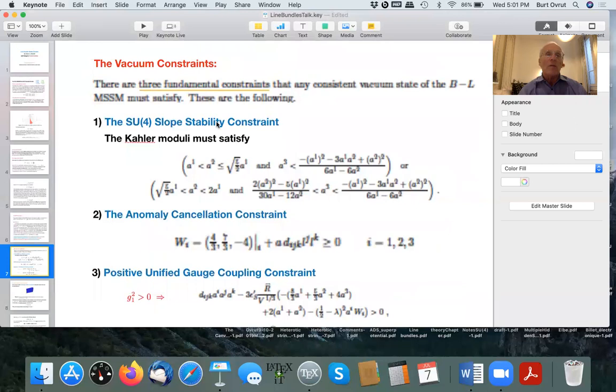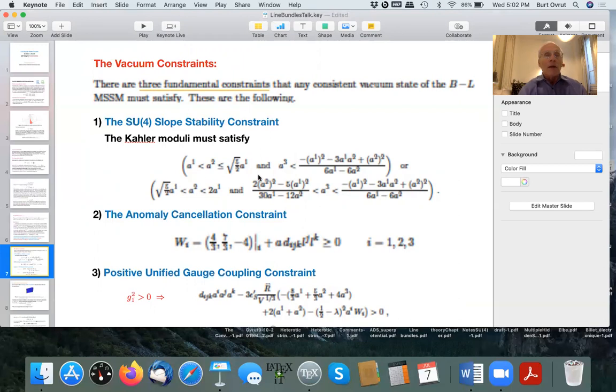First one is that the bundle on the observable wall, which is an SU4 bundle, must in fact be slope stable in order to satisfy the Hermitian Yang-Mills equations and be N=1 supersymmetric. I showed you a picture of where in Kähler moduli space that is, but here I'll give you the equations for it. A1, A2 and A3 are, if you like, one way of writing the Kähler moduli in the theory, and that's what we're going to use.